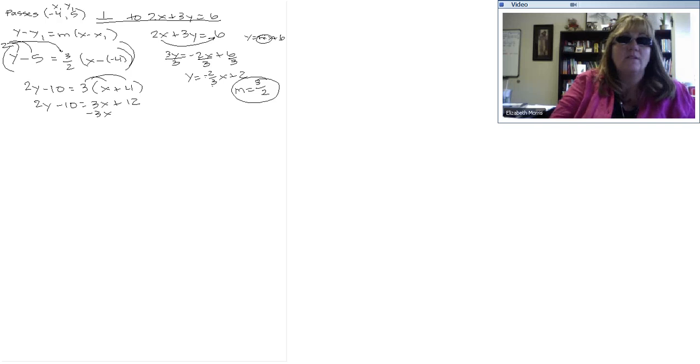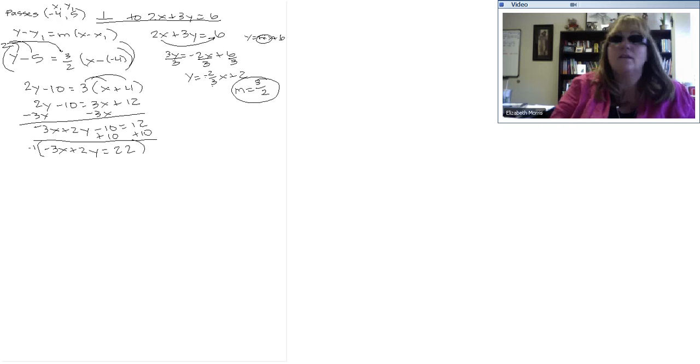Move the x over. -3x + 2y - 10 = 12. Move the 10 over. -3x + 2y = 22. But we can't have that negative in front of the x, so we multiply everything by negative 1. So we get positive 3x, negative 2y, and negative 22.